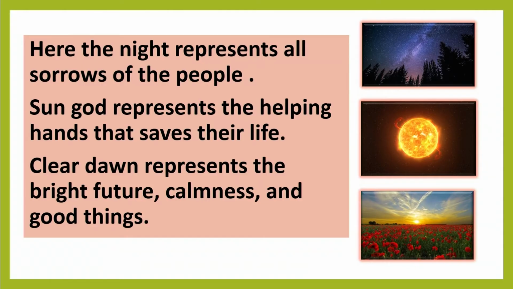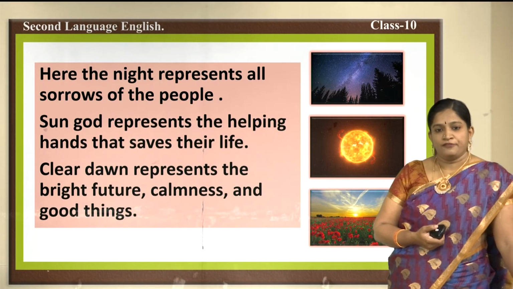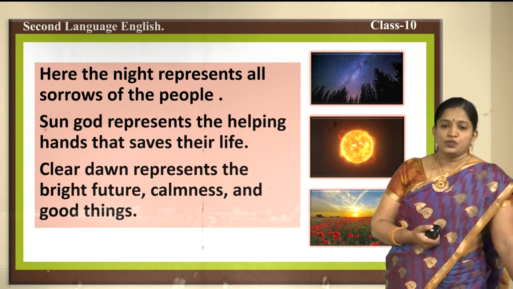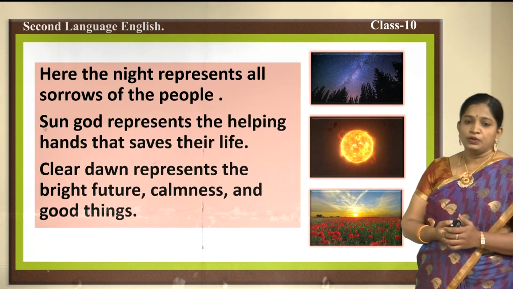Here these three pictures represent something else. What is that? Here the night represents all sorrows of the people, and sun god represents the helping hands that save their life, and clear dawn represents the bright future, calmness and good things.